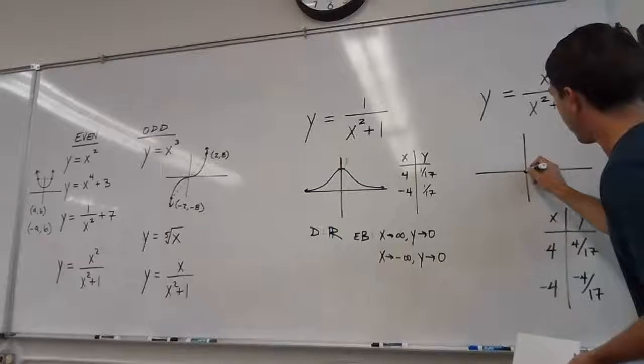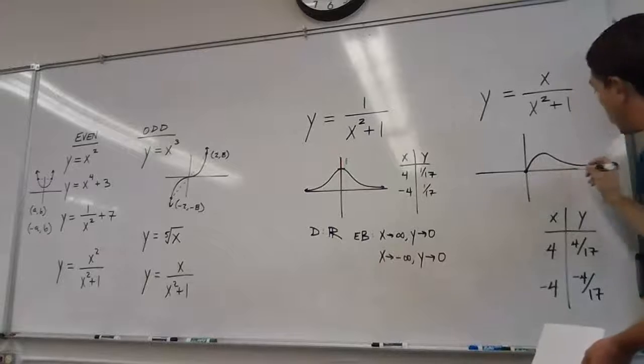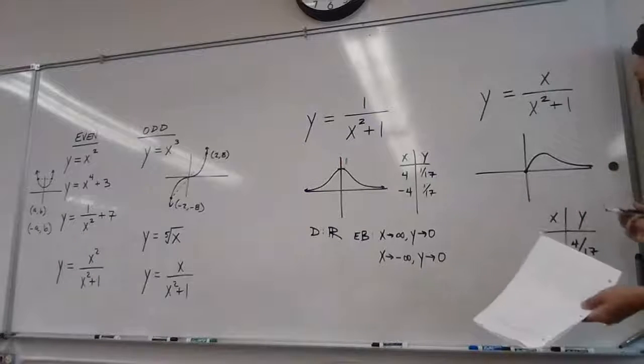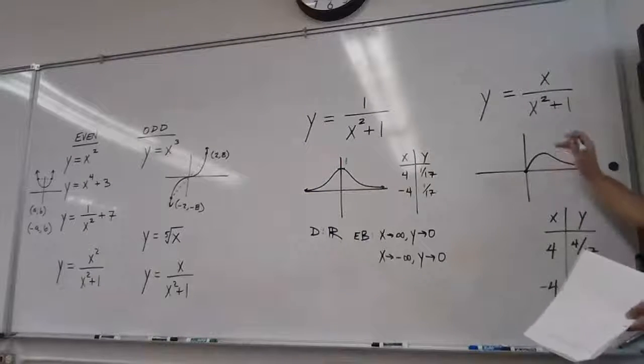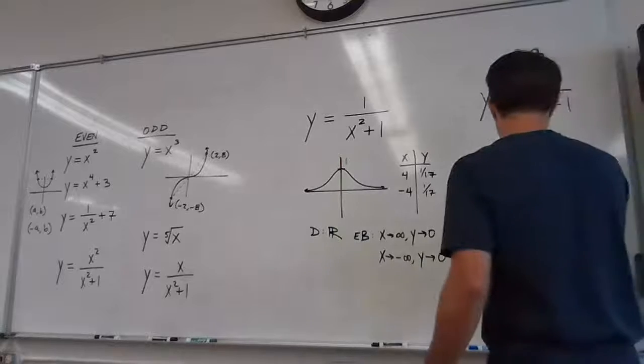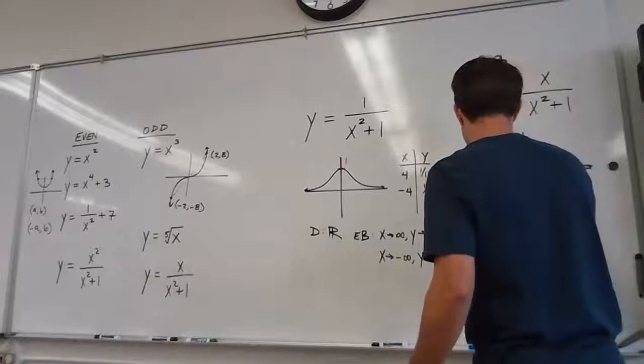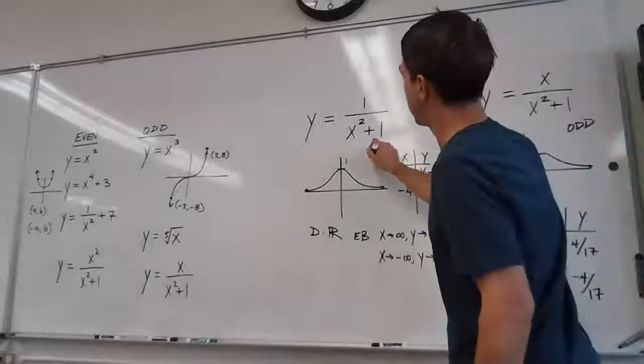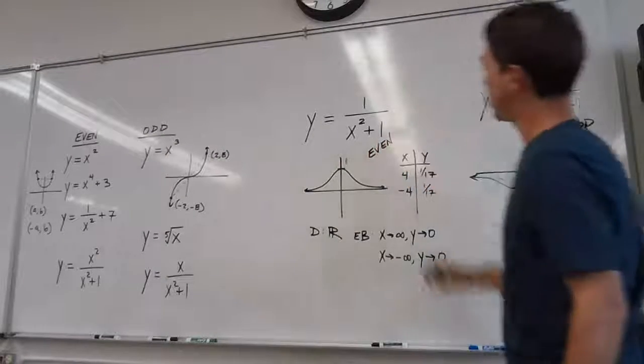One nice thing about calculus is that you can show why this thing only has one little hump. You can establish that there can only be one hump, and it can only go so high. And then on the left side, it's going to be symmetrical. So this is an odd function, whereas this one was an even function.